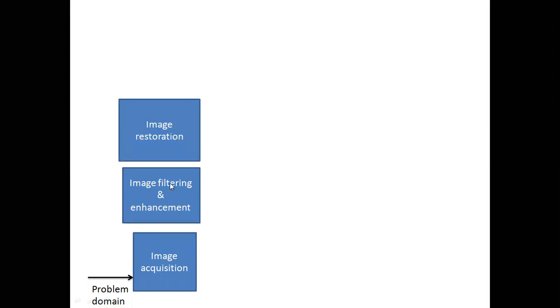These two are more or less the same. Image restoration is again used to increase the quality of the image. The main difference is that image filtering is subjective in nature, whereas image restoration is objective in nature. First you need to know what is meant by subjective and objective. Subjective refers to the individual subject.